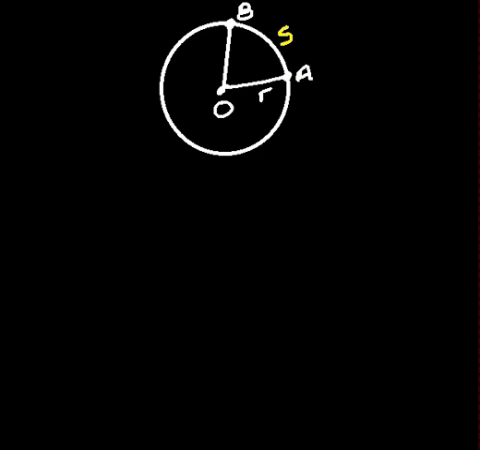And from A to B, of course, this is the arc length, but there is also an angle formed at the center. I'll call it angle theta. So moving from point A to point B, the distance covered along the circle is the arc length S, and the angle formed at the center is theta.